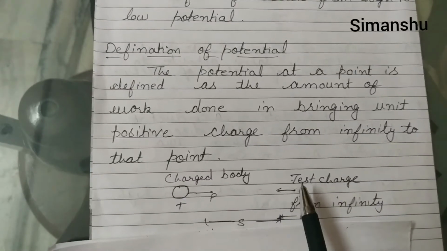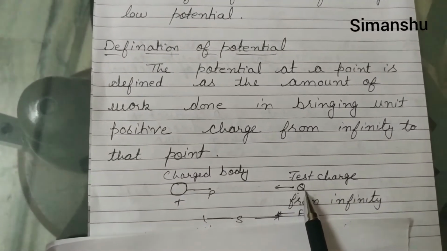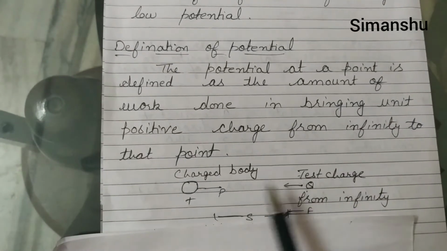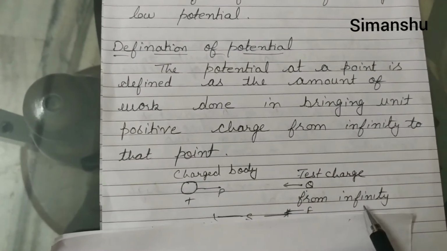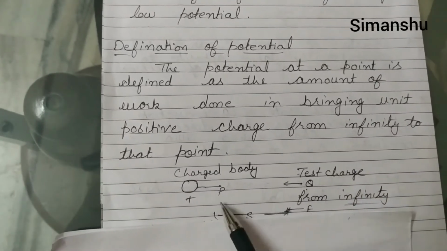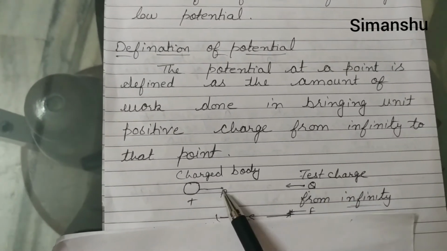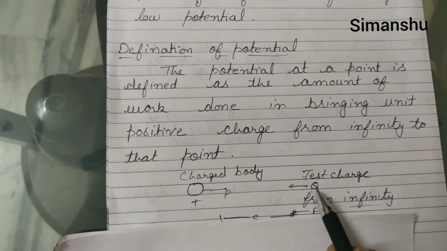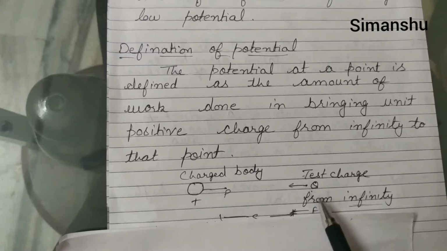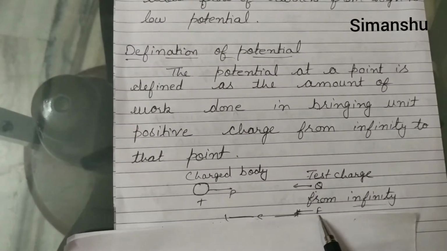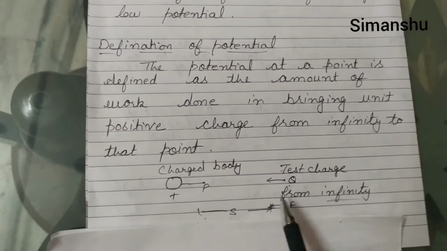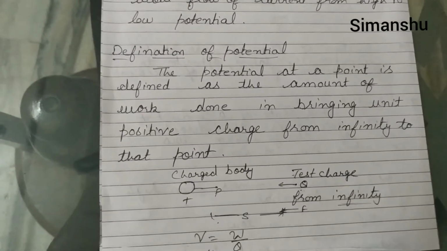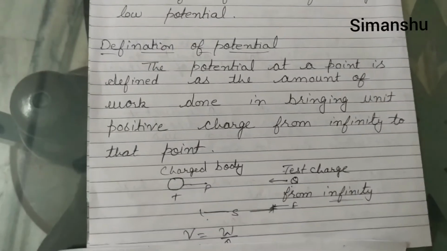So when we have to move a positive charge from infinity to a particular point, here is the point at infinity, and here is point P. From here to here you have to go. You have to apply some force at this point. On applying force, if the positive test charge is moving toward P, we can say we did the work.